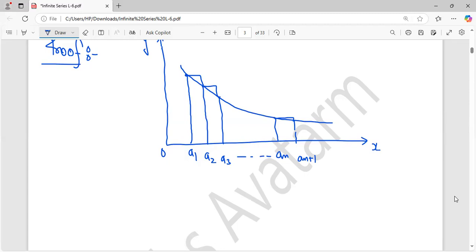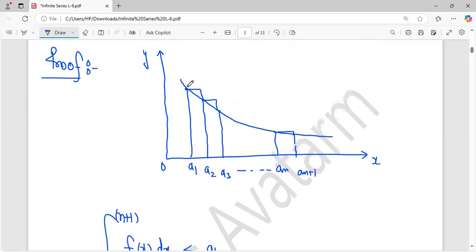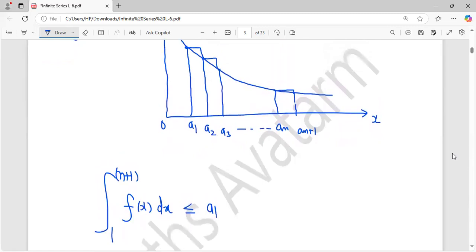So what is the area? The integral from 1 to n+1 of f(x) dx is less than a1 plus a2 plus a3, like that, up to a_n, because the integral from 1 to n+1 denotes the area bounded by the curve over the interval 1 to n+1.